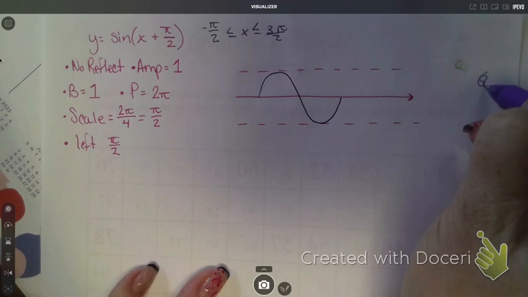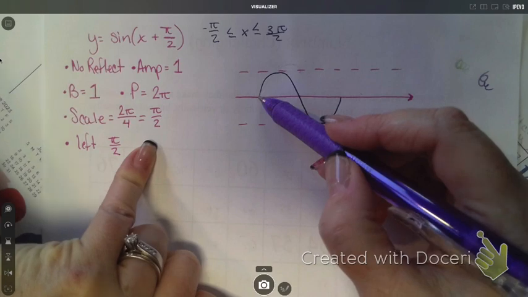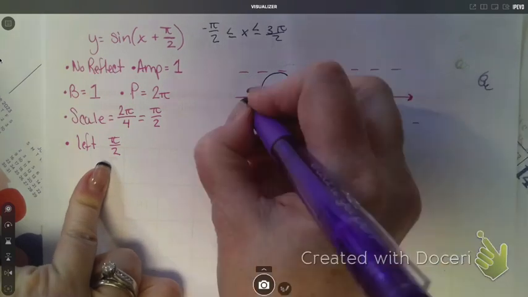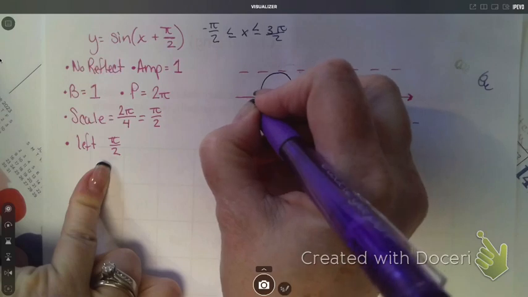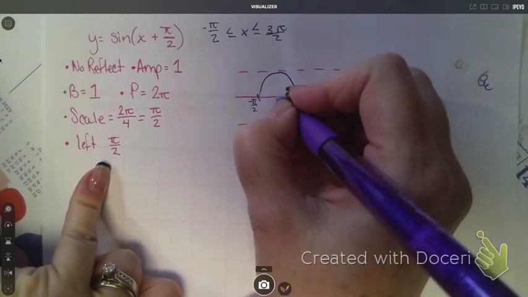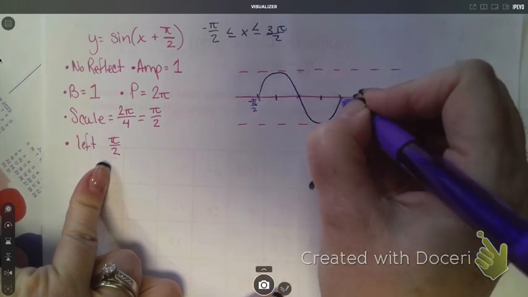Okay. So I know I normally would start, this would be 0, but I'm going to subtract pi over 2 because I'm going back, right? So 0 minus pi over 2 would be negative pi over 2. And so we're going to need to have this, and this, and this, and this, right?